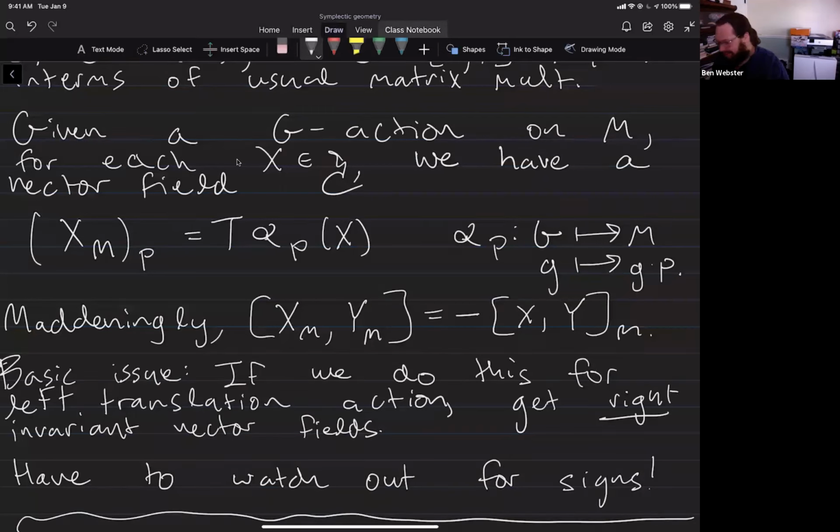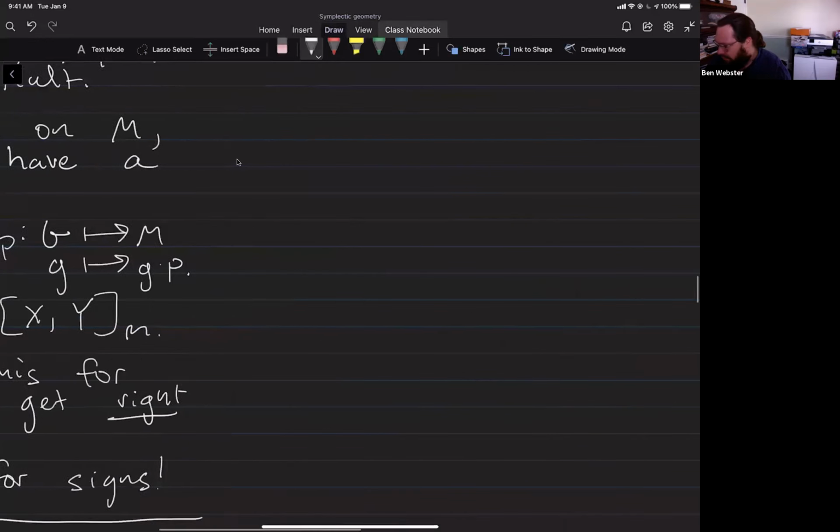I get its negative. And this is this crazy thing about right versus left invariant vector fields.